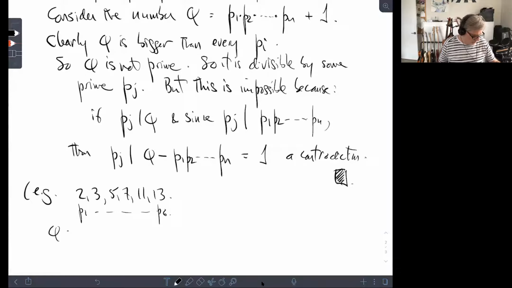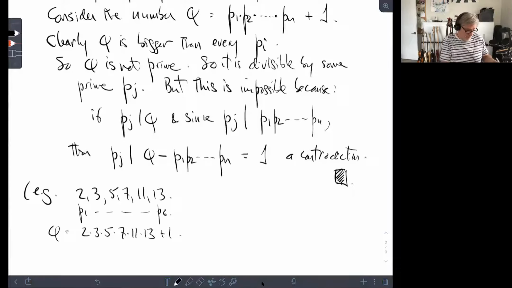Then Q would be 2 times 3 times 5 times 7 times 11 times 13 plus 1, right? So this number is clearly bigger than 2, 3, 5, 7, 11, 13, right? It's at least 1 times any of these numbers plus 1, so it's bigger than all of them.